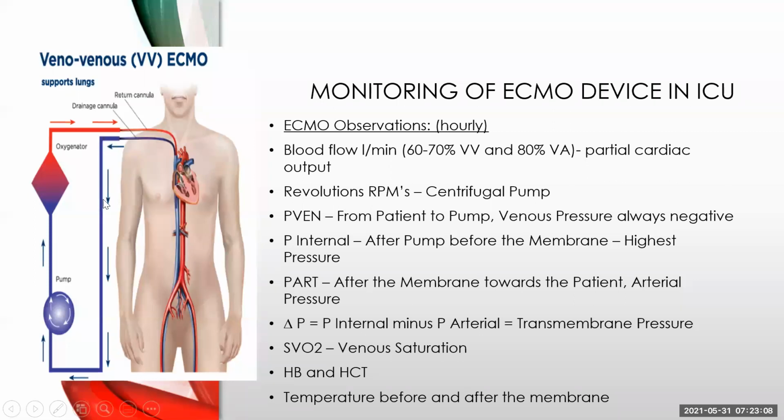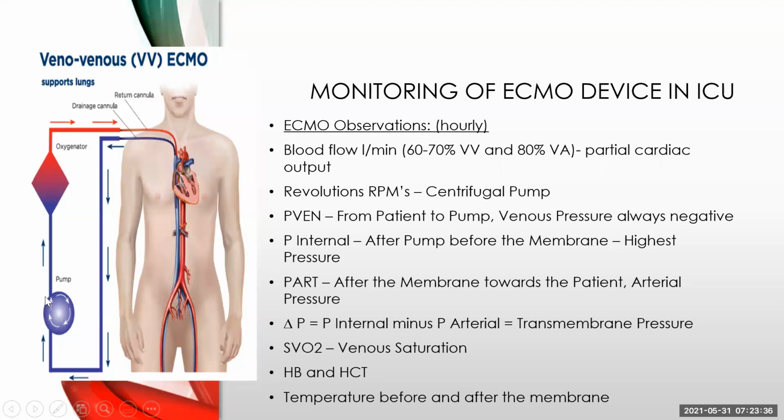So we'll pull the blood from the patient, and the blood will be pulled out of the patient via the centrifugal pump here. And as we pull it out, we get a negative pressure. So the negative pressure will be from the patient to the pump, and that's going to be your P venous, or your venous pressure. So the one pulling the blood out of the patient, the unoxygenated blood, will be your venous pressure, and it will always be a negative pressure.